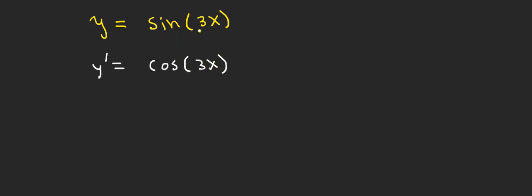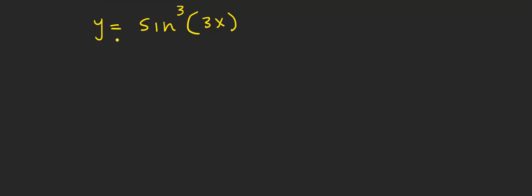Now, what's inside sine? It's 3x. What's the derivative of 3x? It's 3. So times 3. So you end up getting 3 cosine of 3x. Be careful not to distribute the 3 and get 9x. That is not mathematical. So you have to put the 3 outside the cosine of 3x.